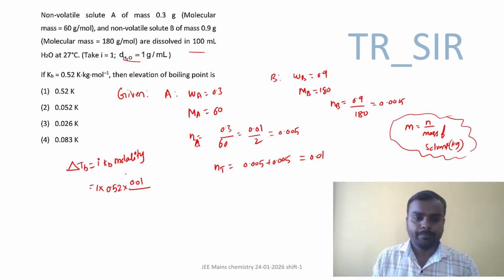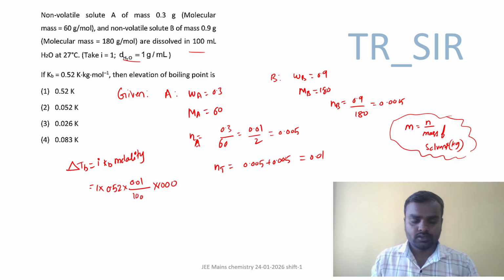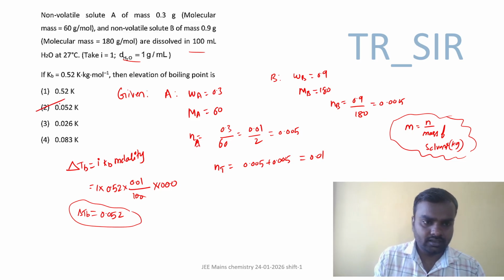Substitute here, converting 100 gram into kilogram, which is 0.1. So delta Tb is 0.052. That is option B, the right answer.